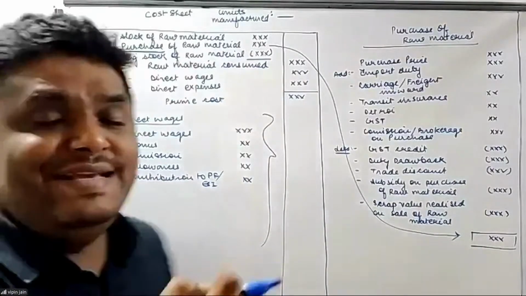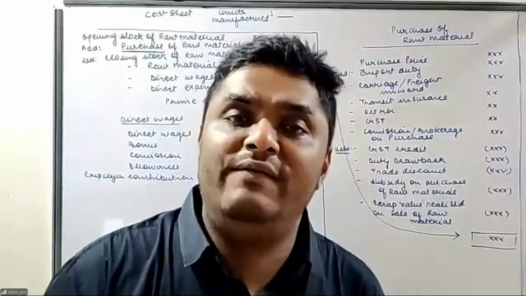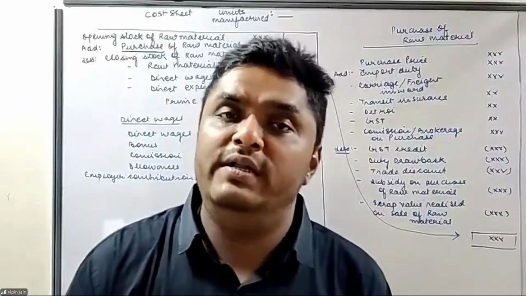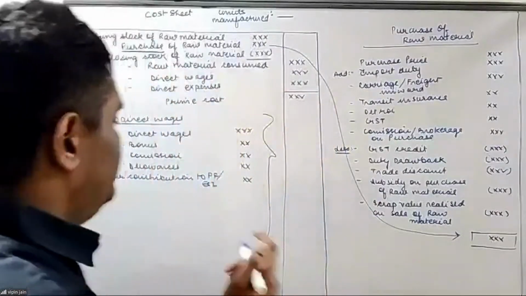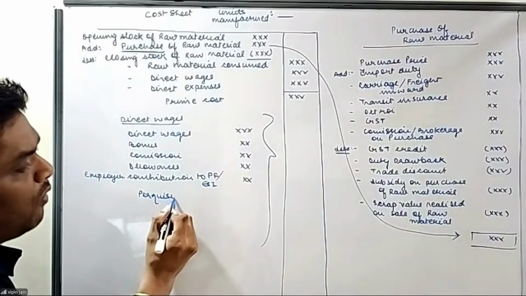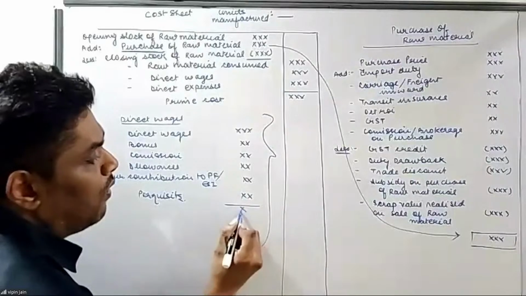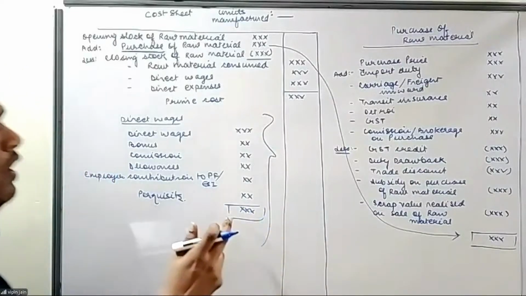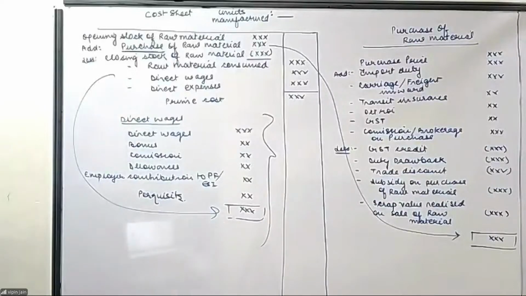Further, any sort of benefits, either medical benefits or traveling benefits or education benefit, if provided to the workers, will also form part of direct wages. So we can say we'll write perquisites.